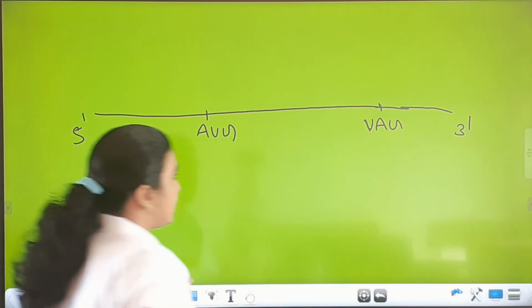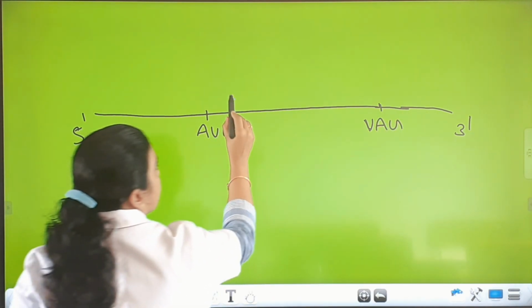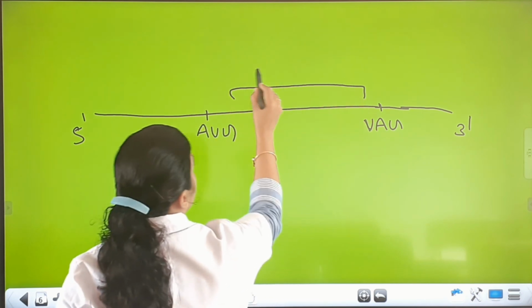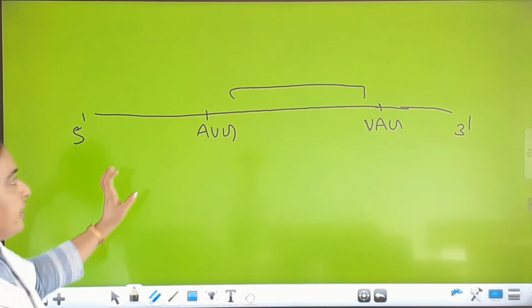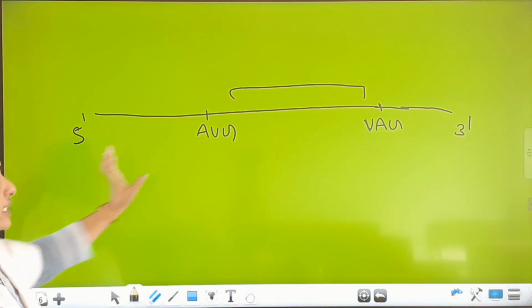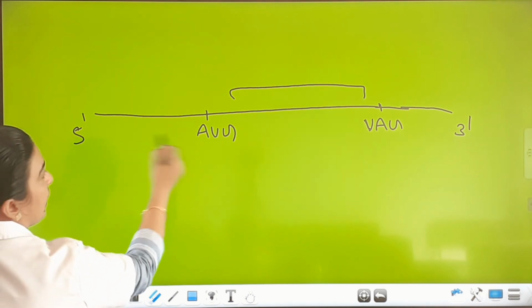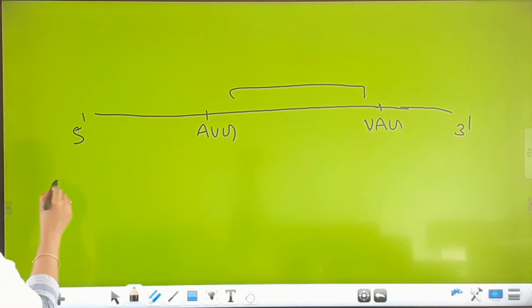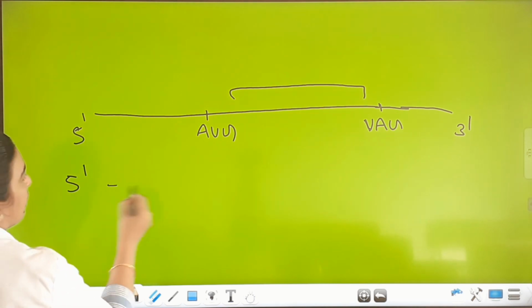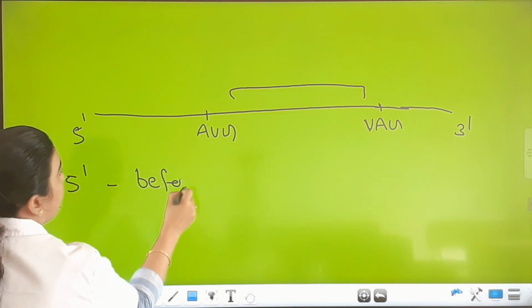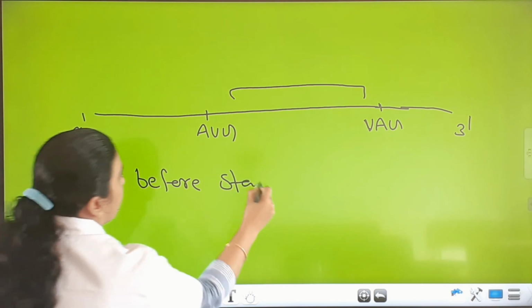A stop codon is there. In between there is the peptide bond formation site, and there are some regions before the start codon, or we can say at the 5' region.